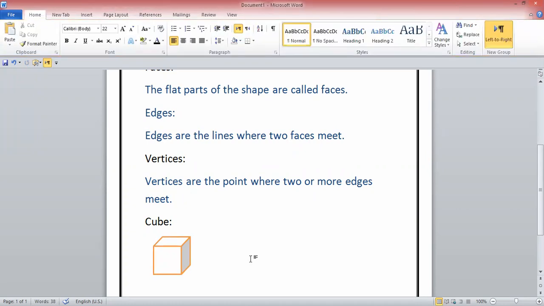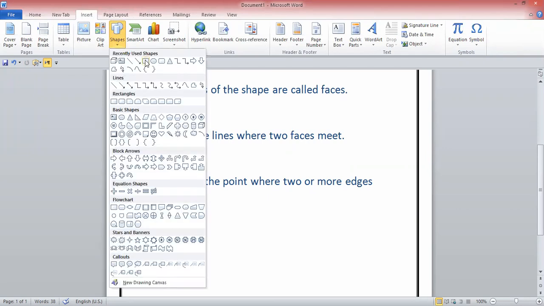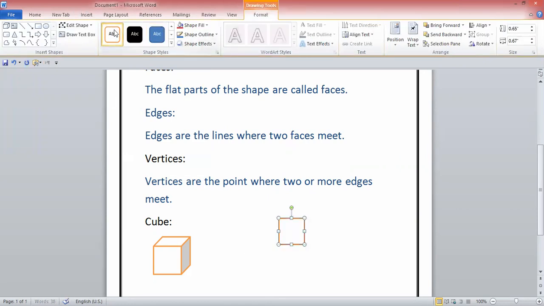This is the cube, and how can you draw it? Guys, for drawing a cube, draw a simple square, and from the middle of the square, draw one more square. Exactly from the middle.